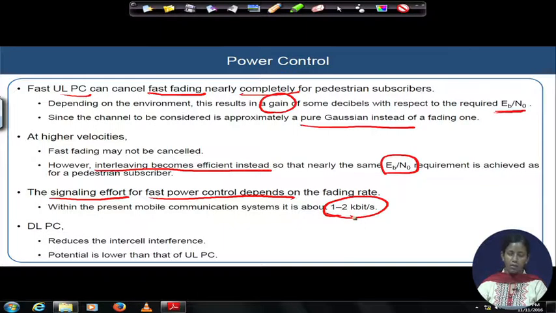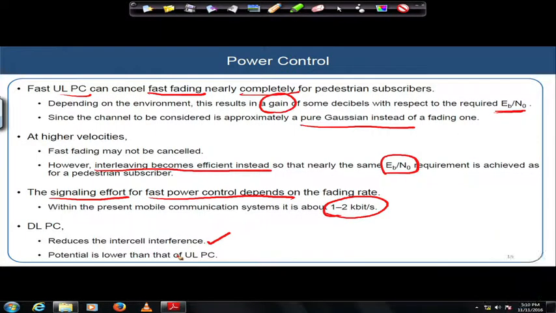The downlink power control, we learned, reduces the intercell interference, and it has the potential to control the interference both in the intracell as well as the intercell, but we have already discussed that its potential is low compared to the uplink power control. The uplink power control has much more effect on the individual user throughput as well as the total network throughput.